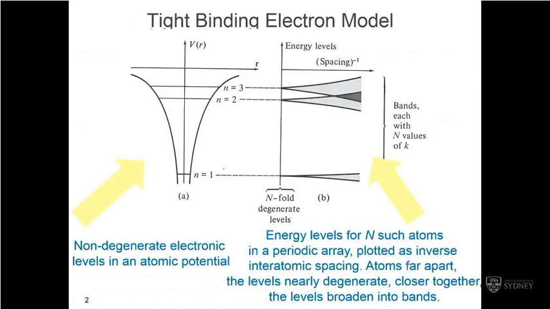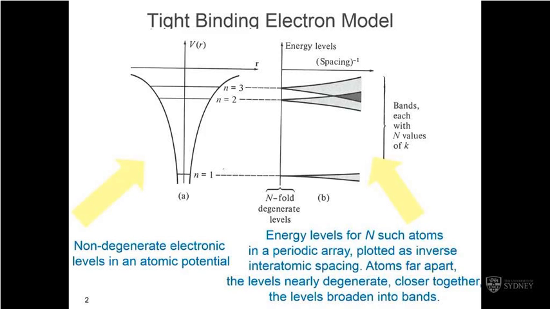I think early on we sort of had a little idea about what's going to happen here. This here on the left-hand side is for a free atom. You have your various quantum levels here, n equals 1. That's the most tightly bound s electron. Up here you have the 2s electron, and there you have the p states.